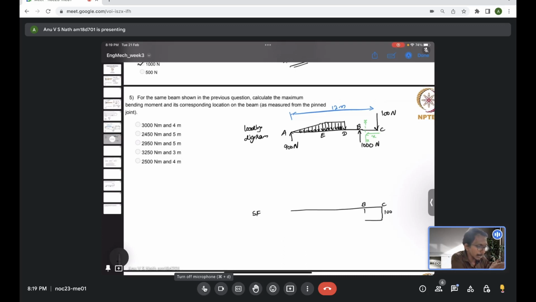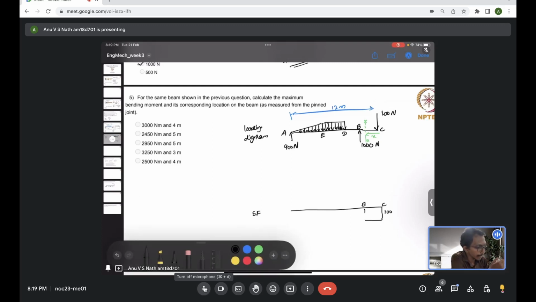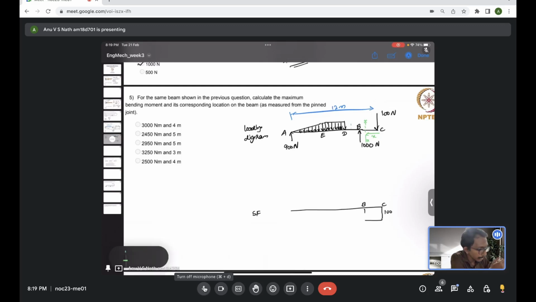Now if you cross the point B and come left of B, basically our section xx is somewhere here, between B and D. Now if you see the right hand side of the new x location, you have 100 Newton downwards and 1000 Newton upward. So the resultant of 900 Newton upward is there.